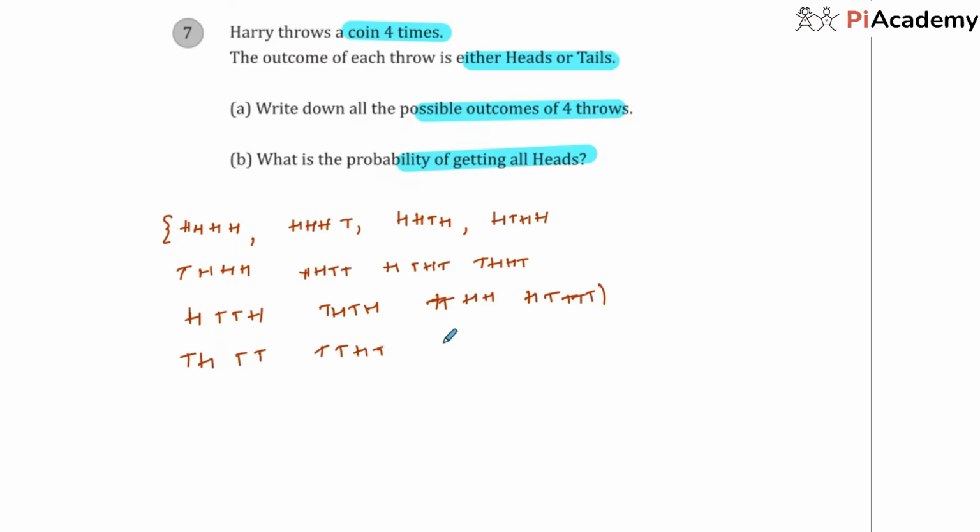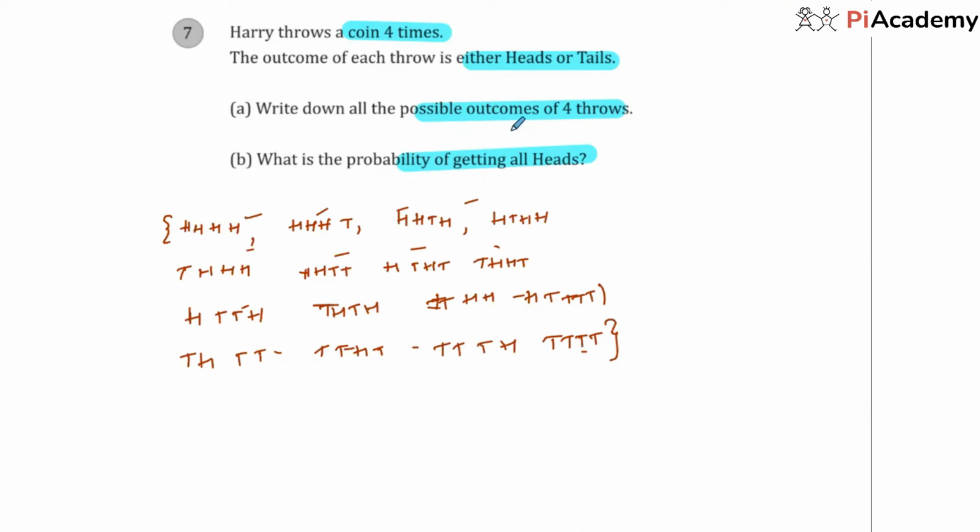Arya, go ahead. Tail, tail, head, head. Yes, I think this is it. Okay, you'll have 16 outcomes basically. 1, 2, 3, 4, 5, 6, 7, 8, 9, 10, 11, 12, 13, 14, 15, 16. You'll have 16 outcomes. Shoaib, make sense?